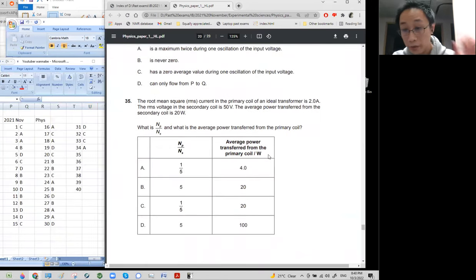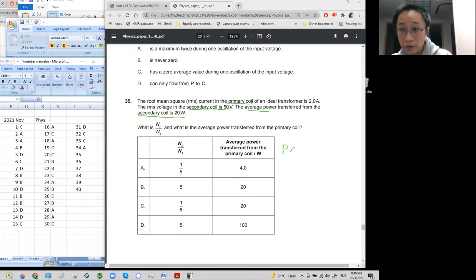35, the root mean square current in the primary coil of an ideal transformer is given. The root mean square voltage in the secondary coil is given. Average power, oh, this is annoying. So this is the primary current. They give you RMS voltage in the secondary, and then the average power also in the secondary.